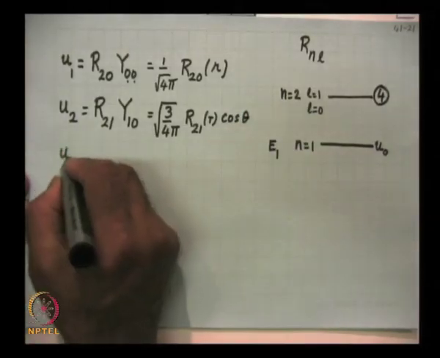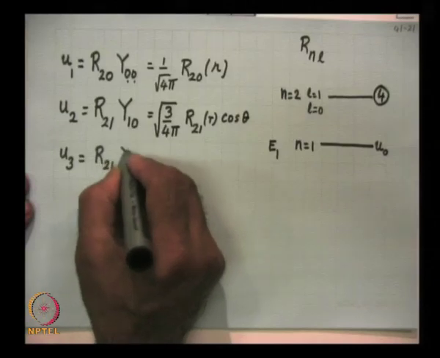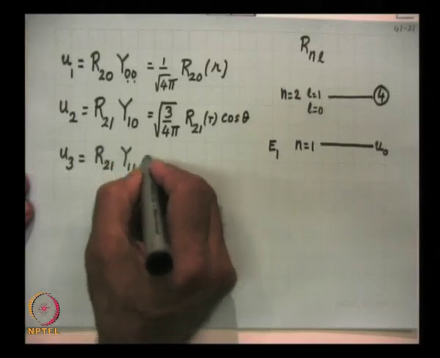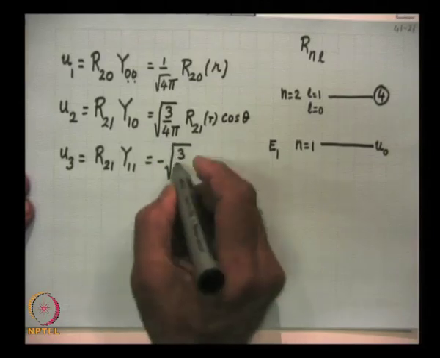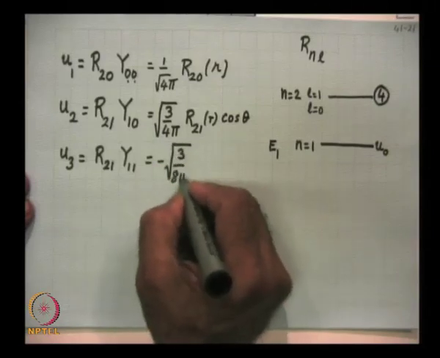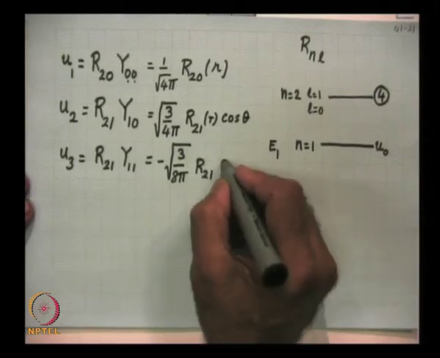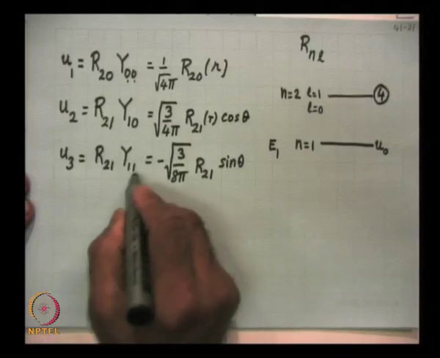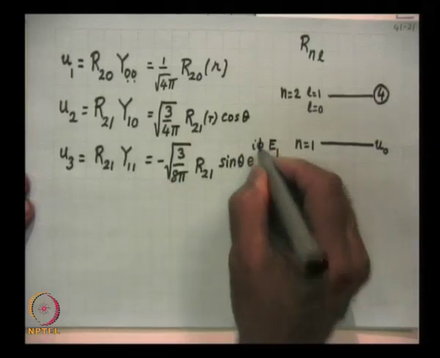And then you have another wave function, u3, R21 Y11, and that is equal to minus under root of 3 by 8 pi R21 of r sin theta, since m is 1, e to the power of i phi.